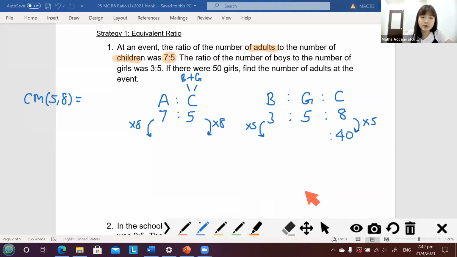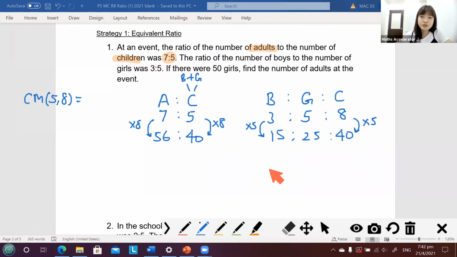Ratio, remember, if you multiply one item, the entire set of ratio, you will need to multiply throughout. They're all friends. If you multiply 5 here, the other 2 also must follow. So this is 25, 3 times 5, 15, 40, 7 times 8, 56. Yes, so this is the correct equivalent ratio that you can use.